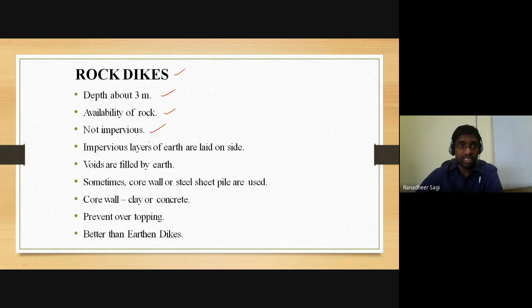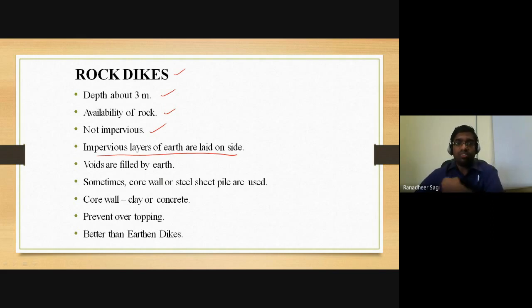In such a case, those large void spaces you have to pack by making use of puddle material or any other material, by which you can minimize the flow happening across the cross section of that rock dike. So impervious layers of earth are laid on either side of your rock dike, so that the flow through the cross section can be minimized.